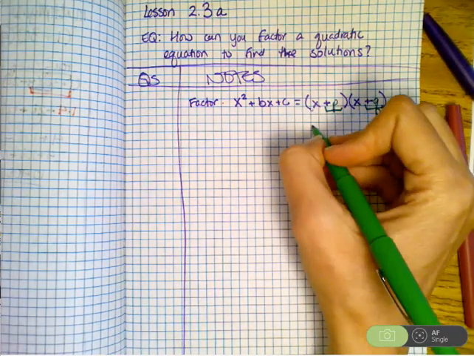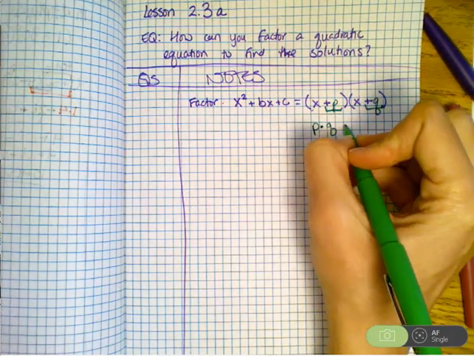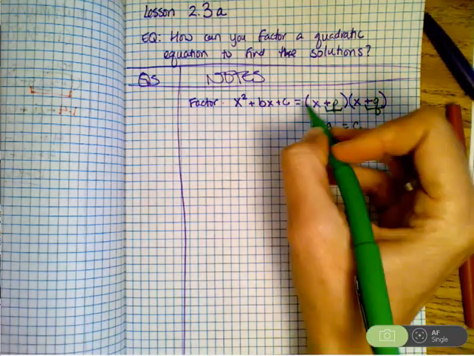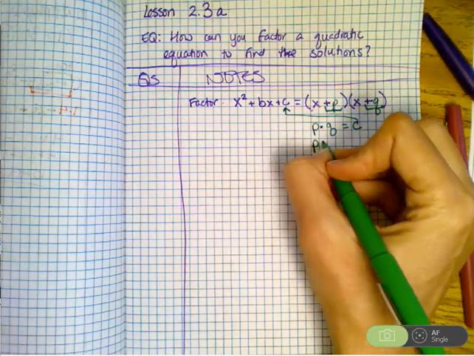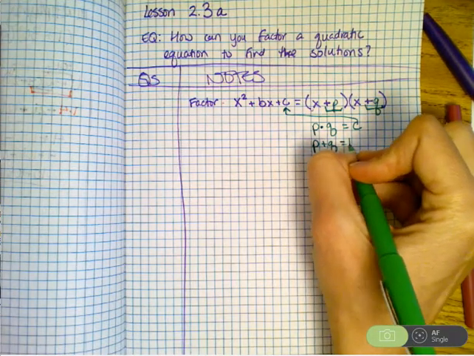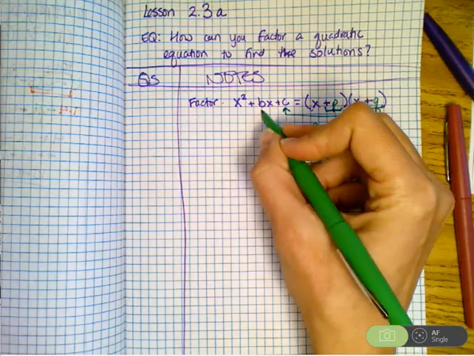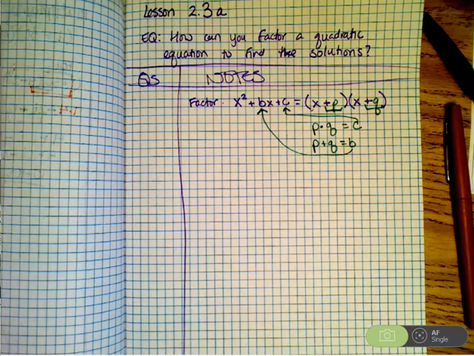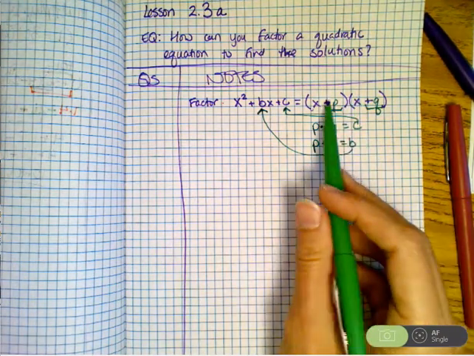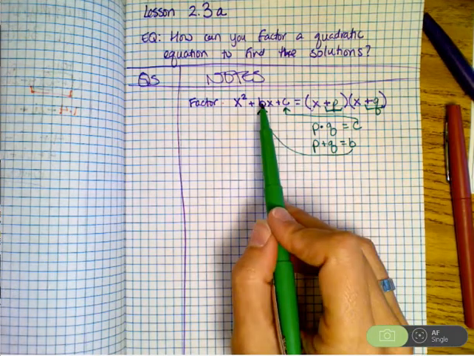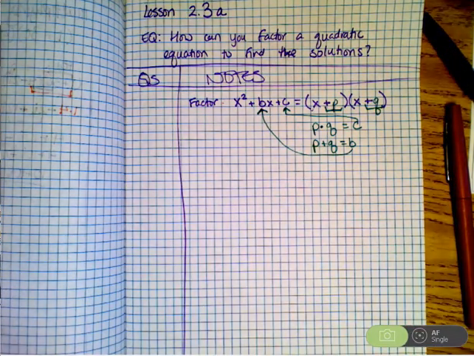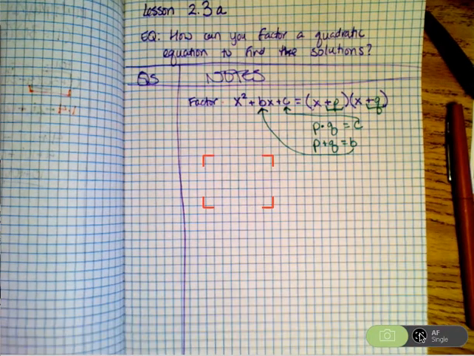So P times Q always has to equal C, which is this value right up here. And P plus Q always has to equal B, which is this middle number. So hopefully you remember this a little bit from Algebra 1. When we're looking for the factors of something, we're looking for numbers that multiply to give us this number and add to give us this number. So let me just take a minute and show you a couple examples of that.